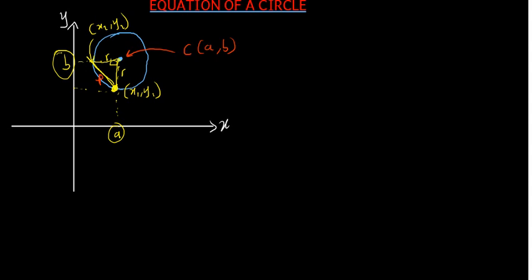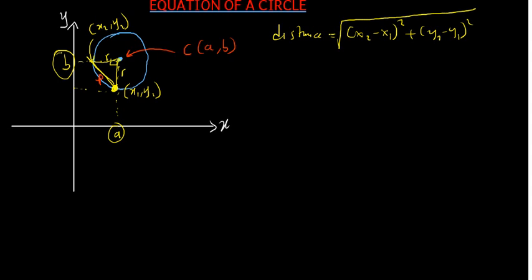And so that distance is given by, we know that distance of a straight line is given by what? The square root of x2 minus x1 squared plus y2 minus y1 squared. That is how we find distance.